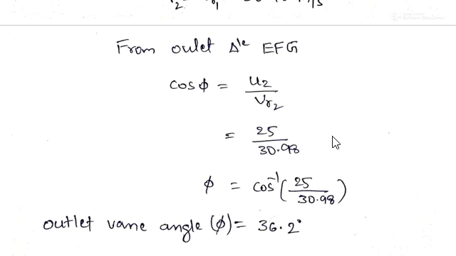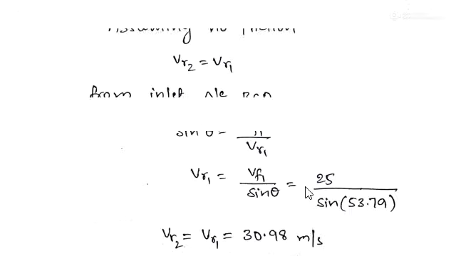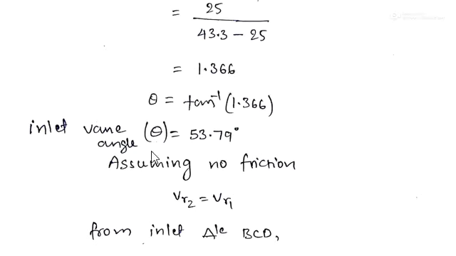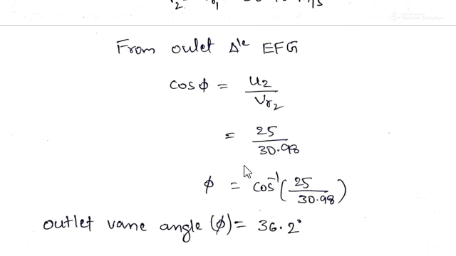When you substitute and simplify, we are getting the phi value as 36.2 degrees, and phi is the symbol we take for the outlet vane angle. So we got the inlet vane angle theta as 53.79 degrees and the outlet vane angle phi as 36.2 degrees.